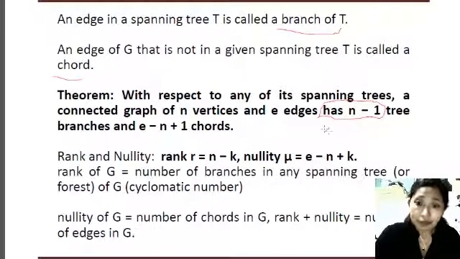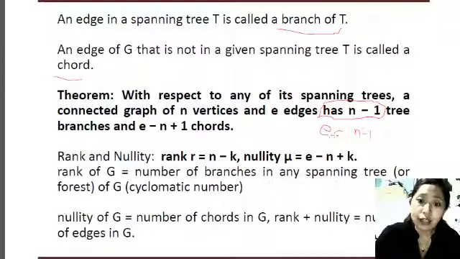Let us say E is the total number of edges in a given graph, and out of this total number of edges you have taken n minus 1 edges to be part of the spanning tree. So n minus 1 edges are branches of your spanning tree.